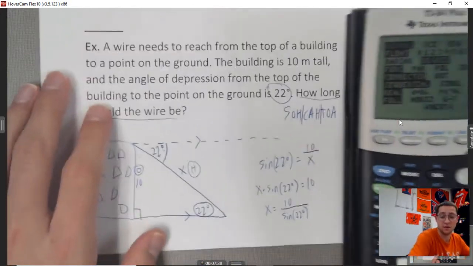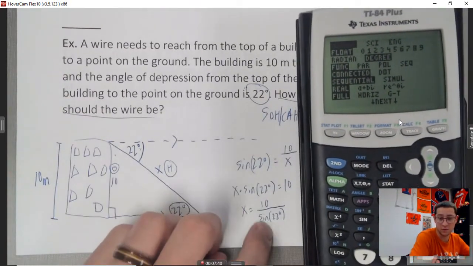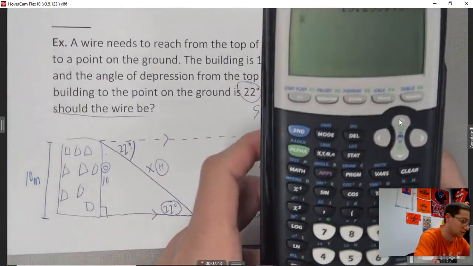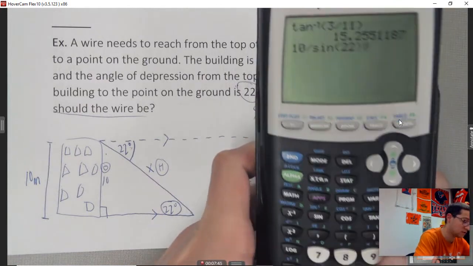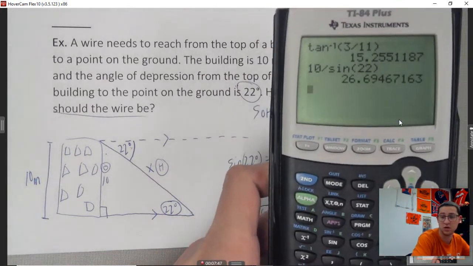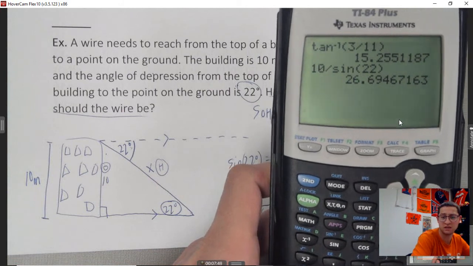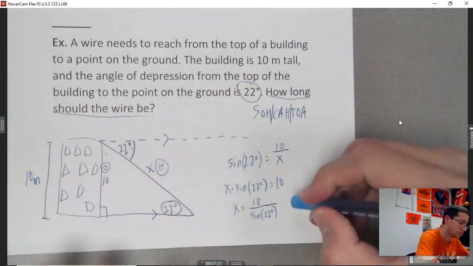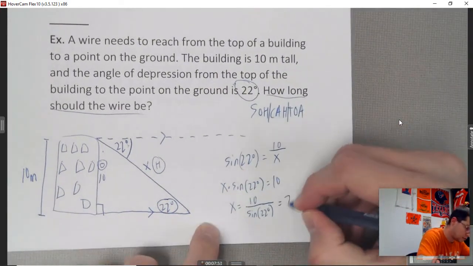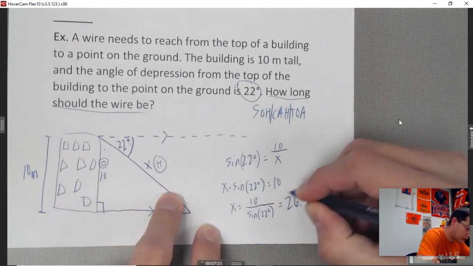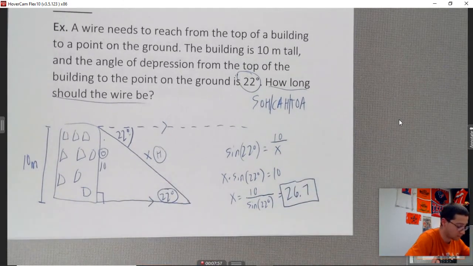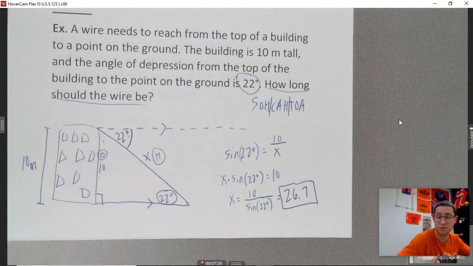So we've got 10 over sine of 22. I was in degrees mode, so I was good to go. And there we go, 26.7. 26.7 is what my wire length should be.